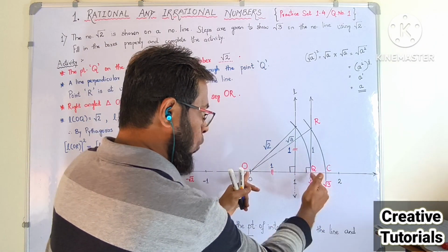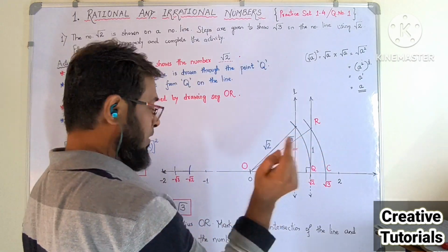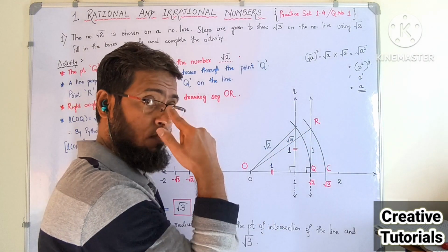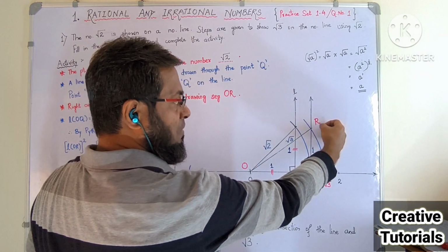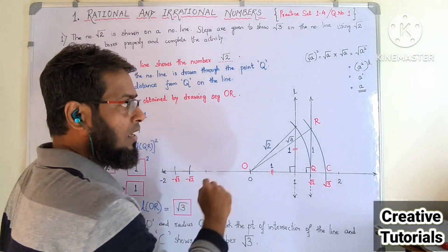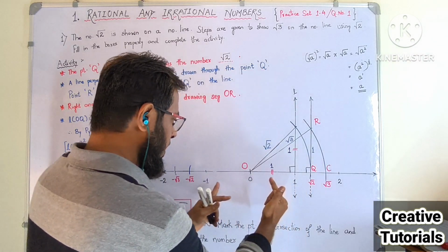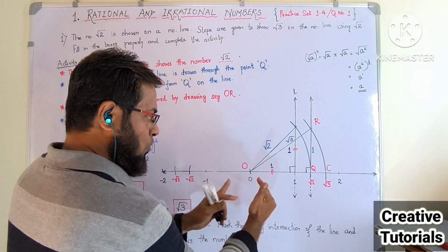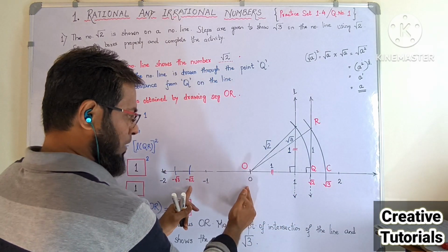Whatever distance OQ was, it was this much distance. If you remember, this point was R in my previous video. But since in this activity they are giving me point R over here, I have erased that point R from here and put that R here. But otherwise for root 2, this distance and this distance are the same. So towards the right it is plus root 2, towards the left of 0 it is minus root 2.